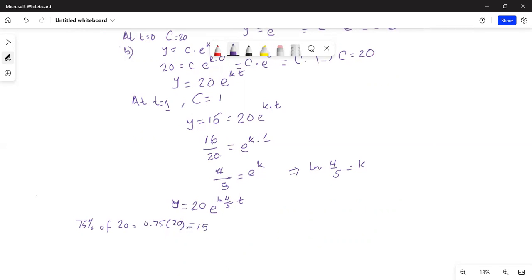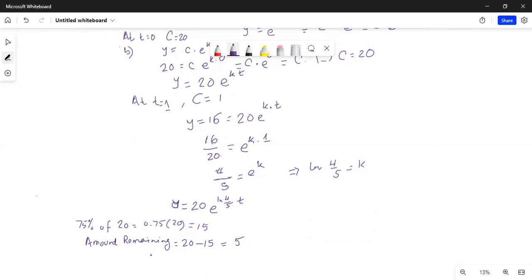So they're asking, when will the 75% of the compound be changed? So the amount remaining will be 20 initial at t equal to 0, and 15, 75% have changed. So the amount remaining is 5.